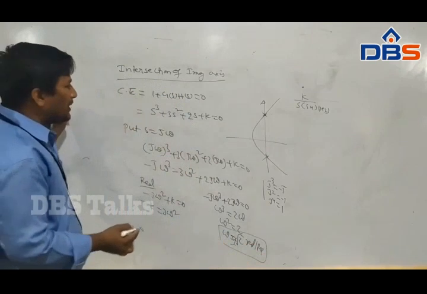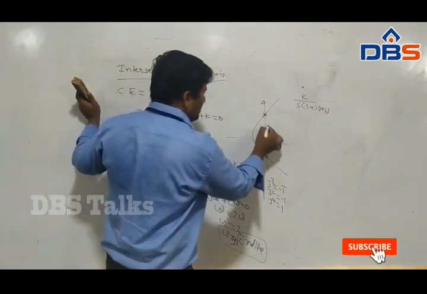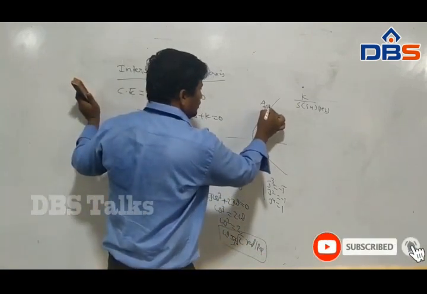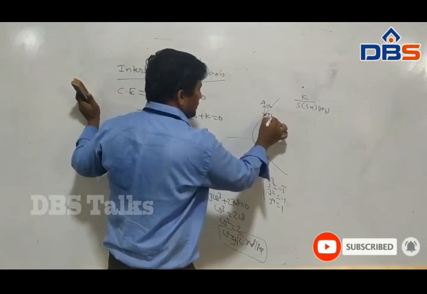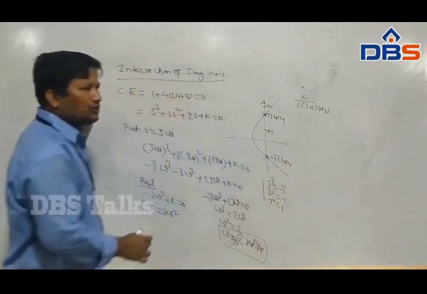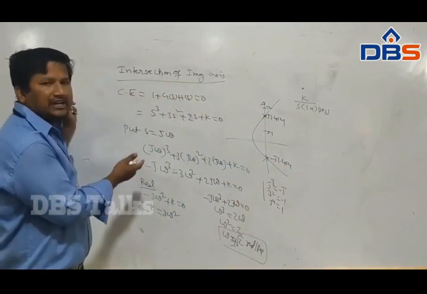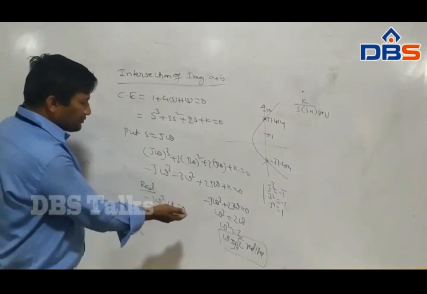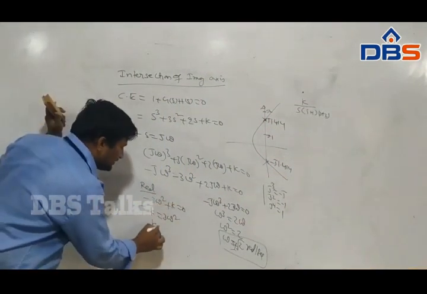Root 2 is 1.414, so you can consider j1.414 and minus j1.414. Like this we calculate the intersection points on the imaginary axis. Now substituting the omega square value, K is equal to 6.